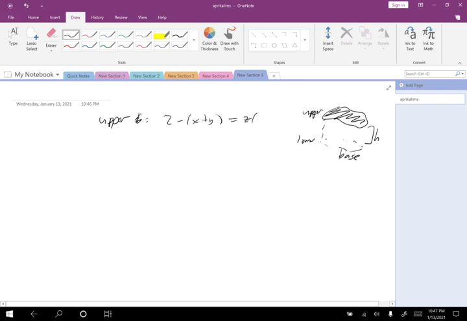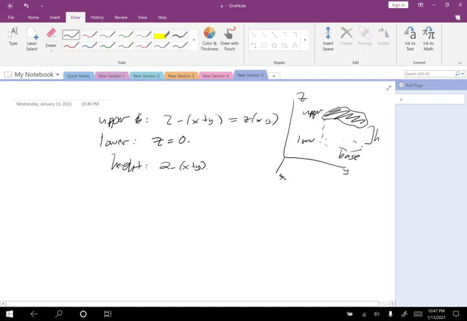That's going to be our z as a function of x, y. And then our lower is just z equals 0. Okay? So our height is just 2 minus x plus y.